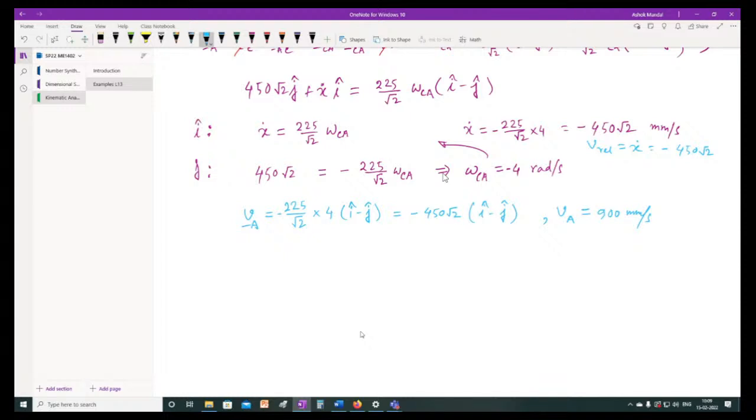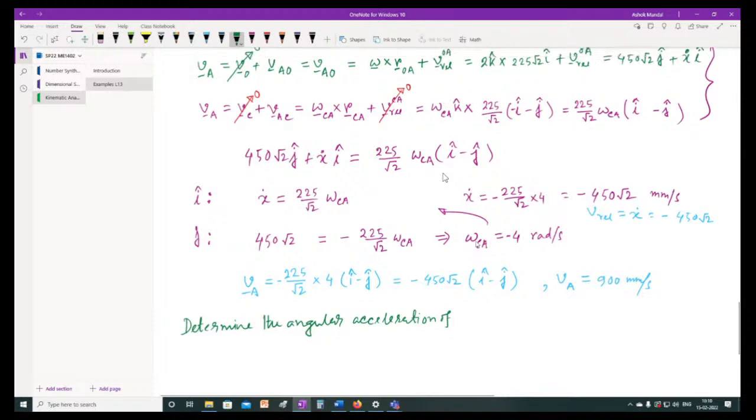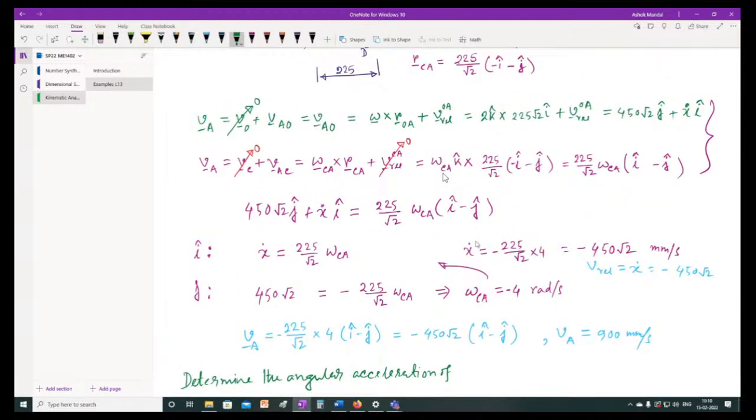Now we come to the next discussion. We now have to determine the angular acceleration of AC. Sir, there was one more part. Velocity of A with respect to OD. बोलो क्वेश्चन बोलो, मैं सुन नहीं पाया.